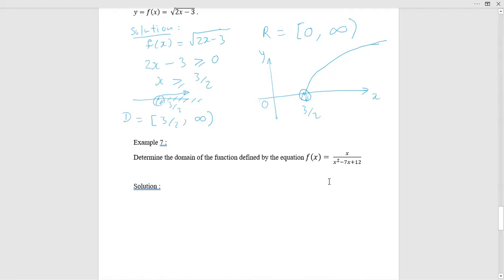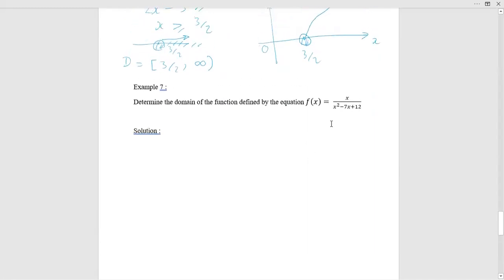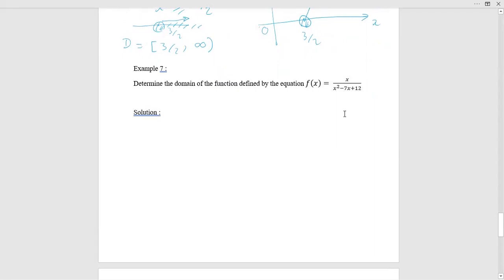As I said, when we find the domain, it is about the restriction, right? Where is this function restricted? Let's see. f(x) is x divided by x squared minus 7x plus 12.